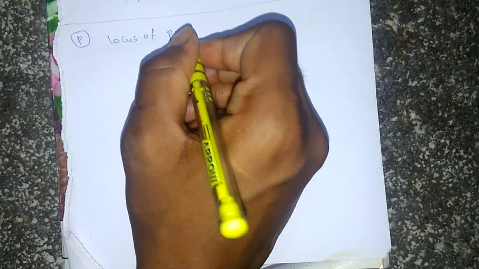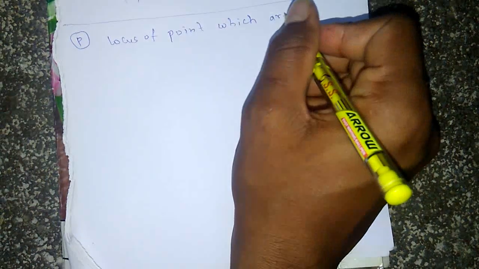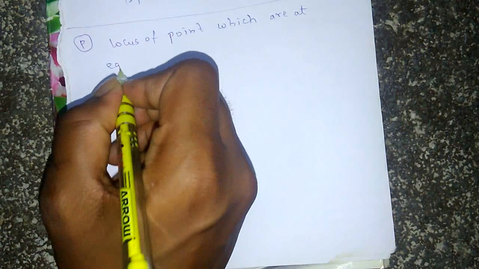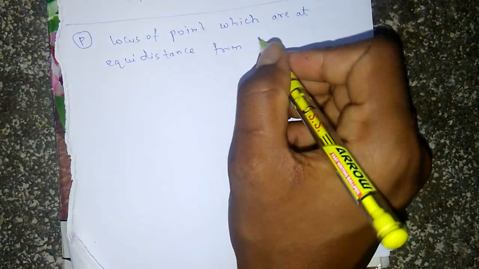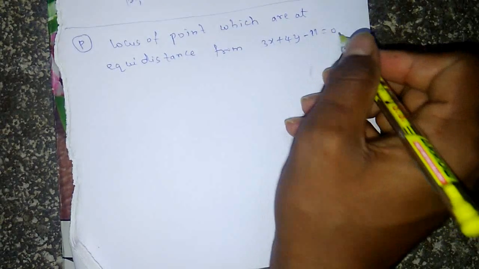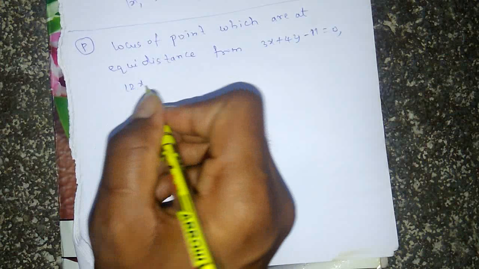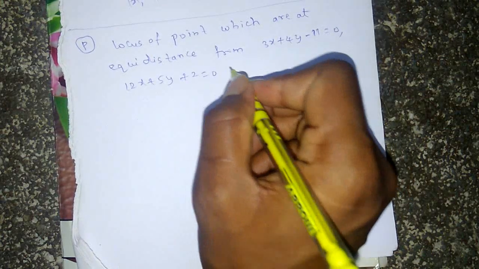Our next problem: the locus of points which are equidistant from 3x + 4y - 11 = 0 and 12x + 5y + 2 = 0 is.